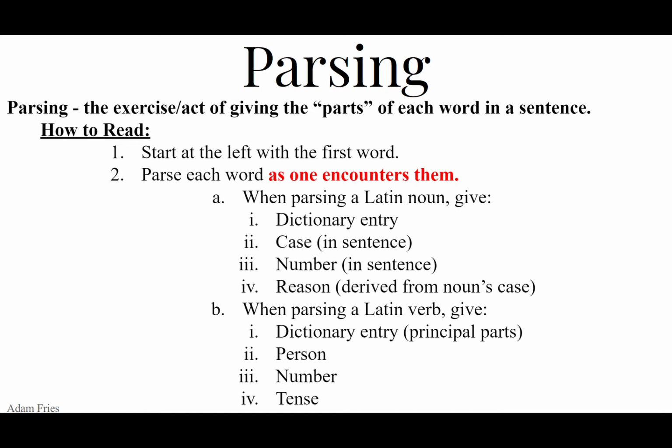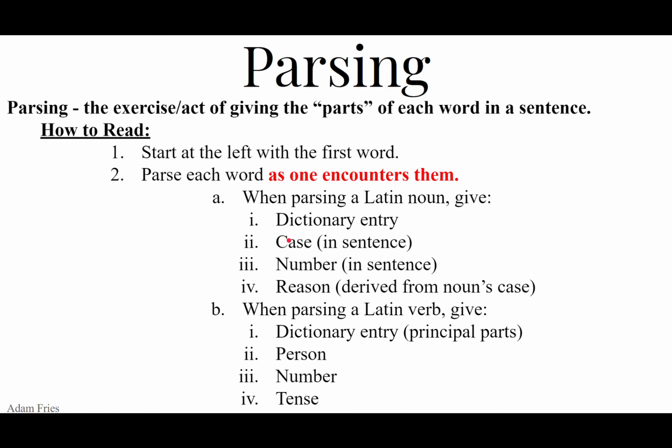So when we parse a Latin noun, we are to give the dictionary entry of that noun. We are to look at the noun in the sentence and determine its case, those things that end in tive: nominative, genitive, dative, accusative, and ablative. In the sentence, we can also determine the noun's number, whether it's singular or plural.